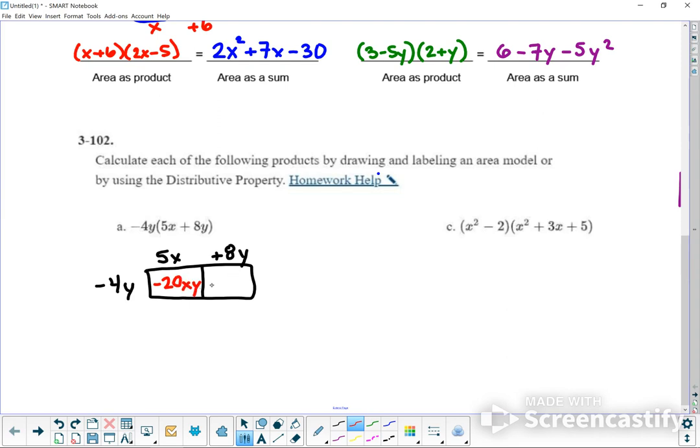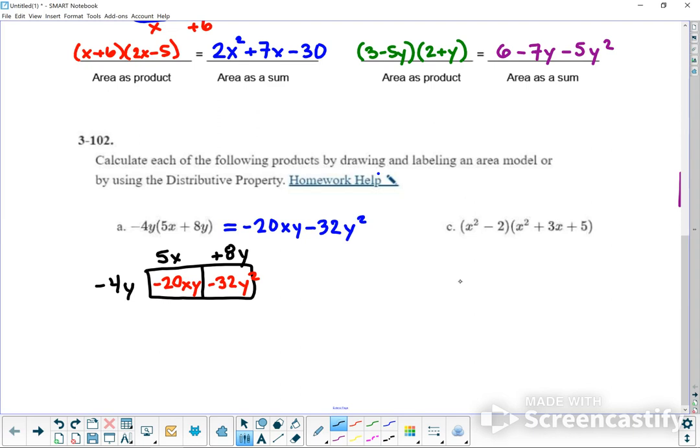Negative 4 and 8 is negative 32. Use the calculator if you need to, and y times y is y squared. So the answer is negative 20xy minus 32y squared. Just like that.